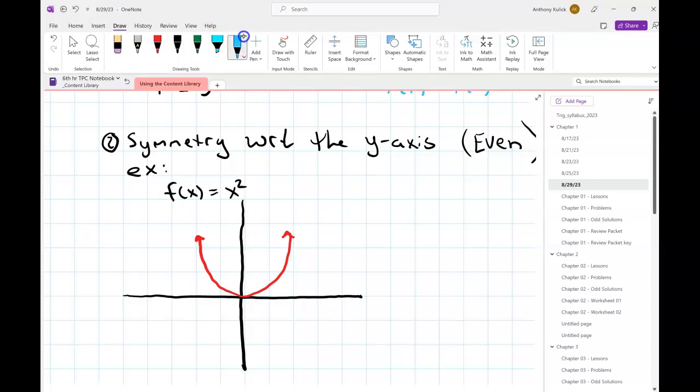So on this one, if we pretend, say, the y-axis is our mirror, and I take some point on one side of it, and I reflect it to the other side, this would need to be the point negative x comma f of x.